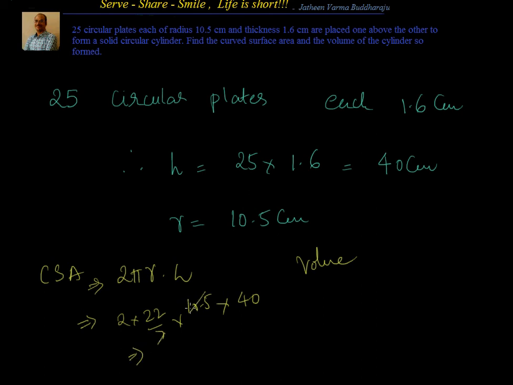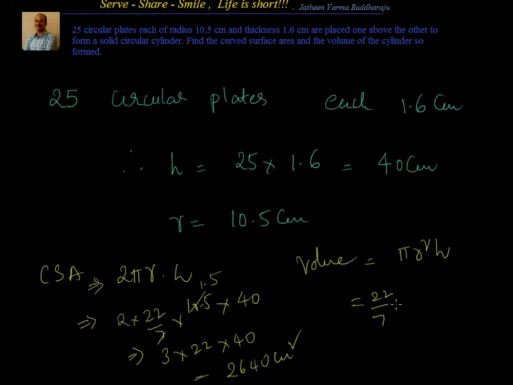Simplify that. 7 will go 1.5 times and 2 into 1.5 is 3. 3 into 22 into 40, that's equal to 2640 cm square.